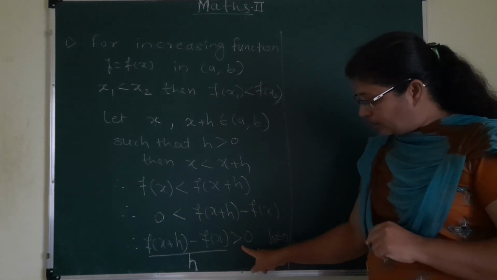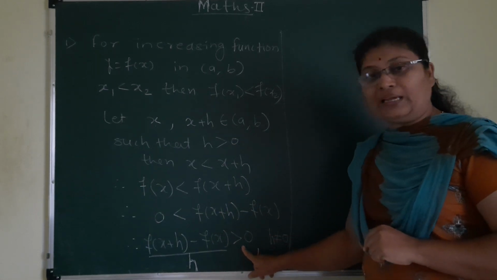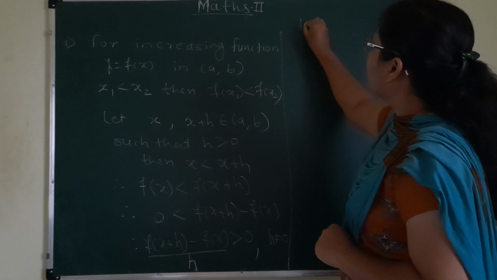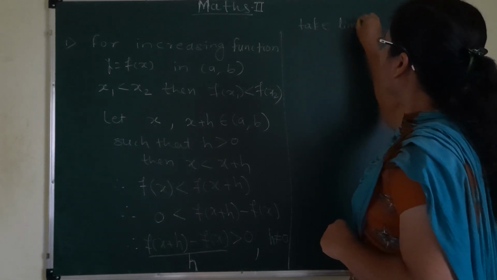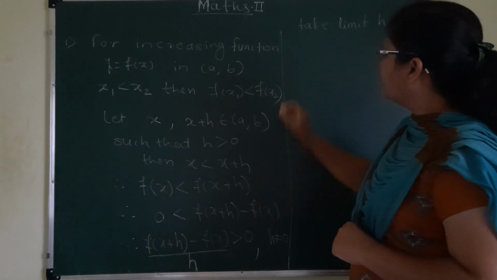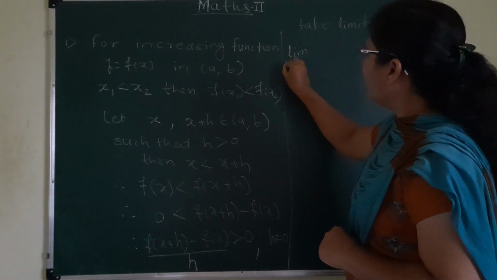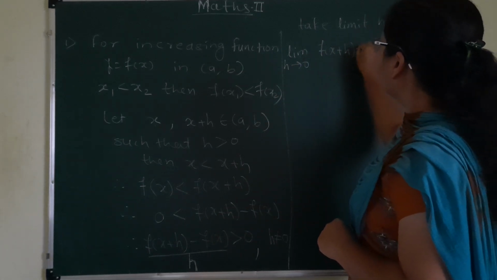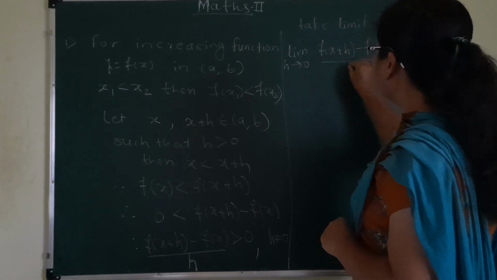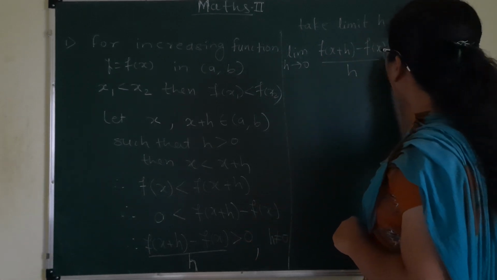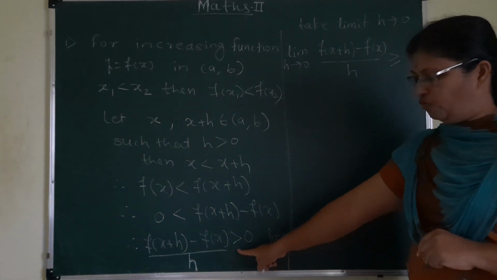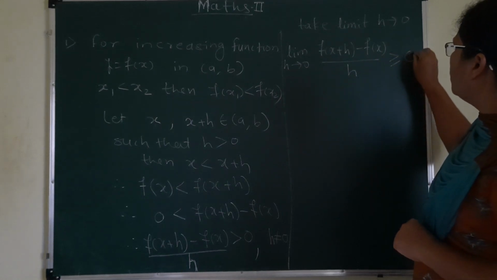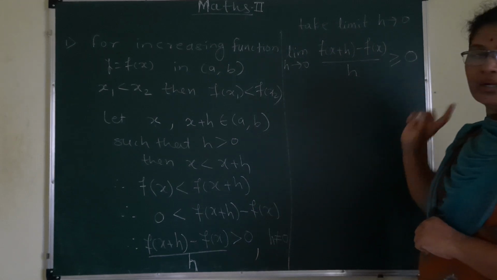So this inequality, which was strictly greater than, now when I am taking the limit as h tends to 0 on both sides, the limit of f of x plus h minus f of x upon h is greater than or equal to 0. The sign will be attached now, because we are taking the limit as h tends to 0.